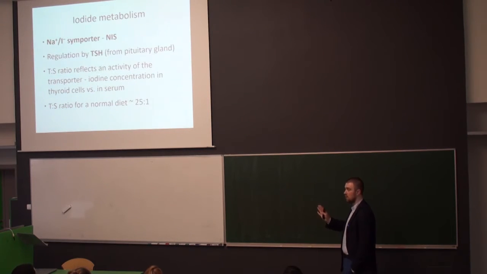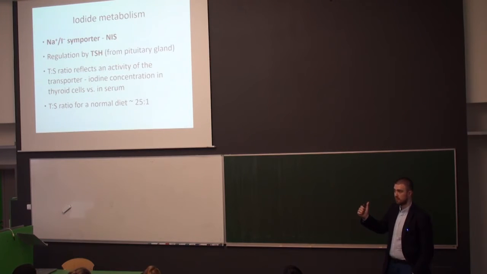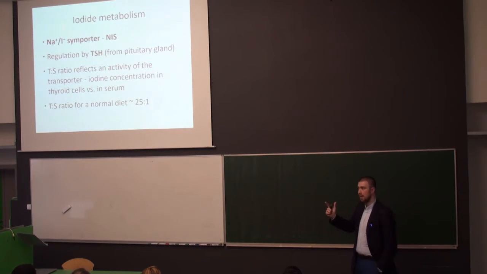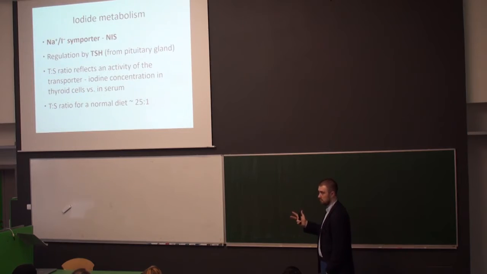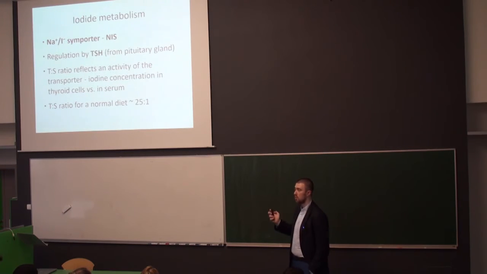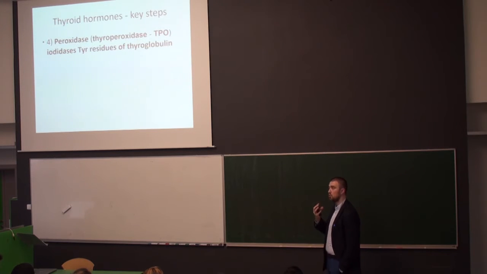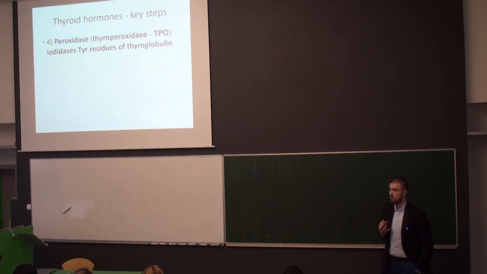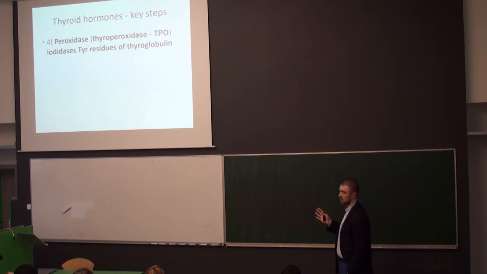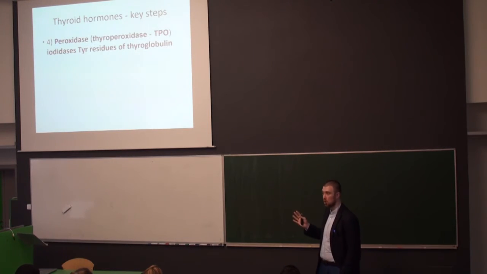What we have right now is the precursor molecule, thyroglobulin, we have the iodine, and we have the enzymes. And what right now we want to do is to put the iodine onto the thyroglobulin molecule. To do this, we have the enzyme that's called thyroid peroxidase, abbreviated as TPO.